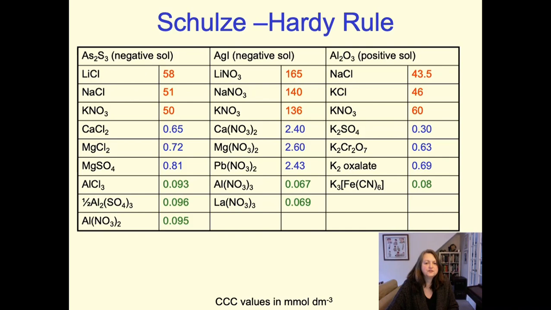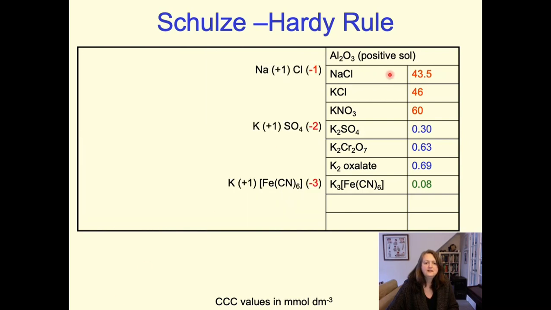Let's have a look at the positive particle now at this end. Let's have a look at the positive particle in the same way. And in the positive particle, it will be the negative ion that is affecting. So we can see that in these first examples here, the negative ion is -1. Then in the second three examples, the negative ion is -2. And in this final example here, the negative ion of that salt is -3.